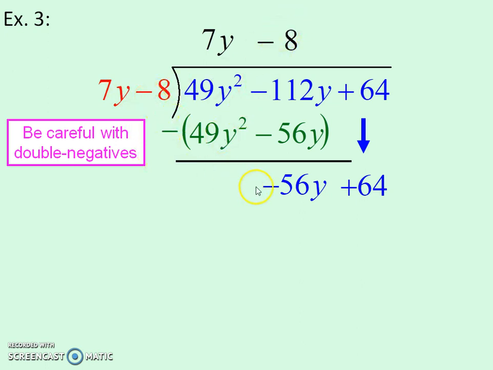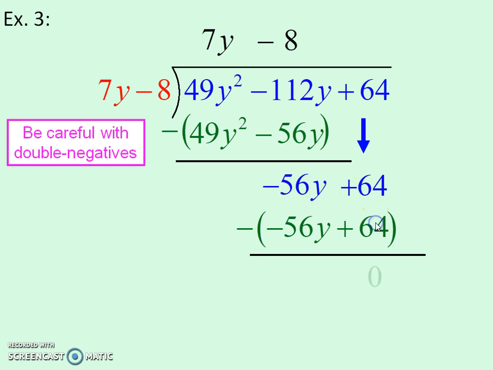And negative 8 times negative 8 is 64. I'll subtract the whole thing. Negative 56y minus negative 56y is negative 56y plus 56y, cancels. And 64 minus 64 cancels. I'm left with 0. So the final answer here is just what's up on top, the quotient, 7y minus 8.